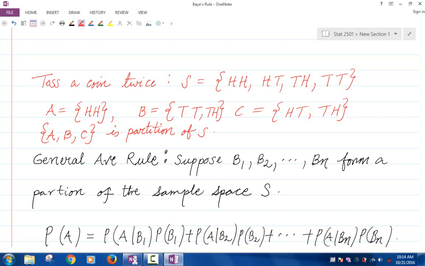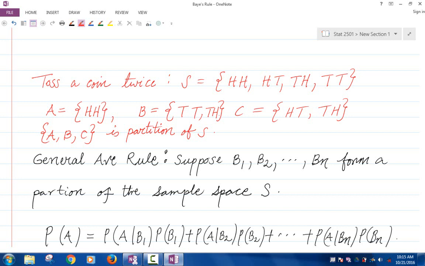Now A, B, C is not going to be a partition, right? Why? Because they are not mutually exclusive. Even though their union is still the entire sample space, they are not mutually exclusive. Okay?